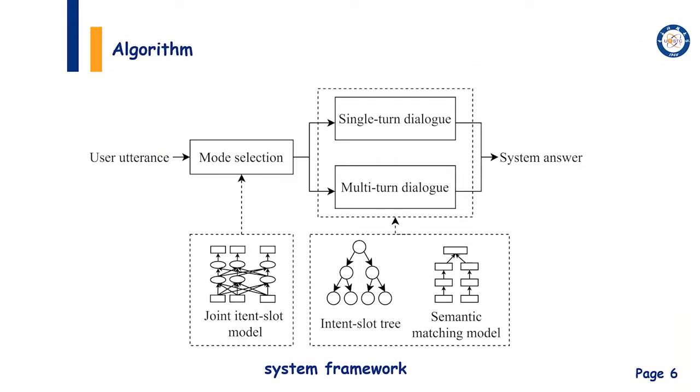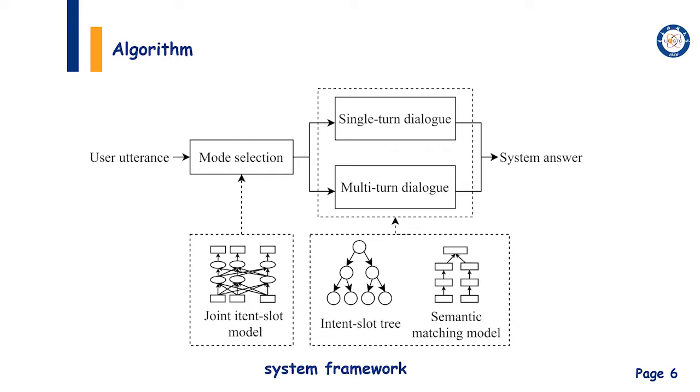The system framework is shown in the picture. The proposed dialogue system consists of 3 principal components: mode selection, single-turn dialogue, and multi-turn dialogue. Mode selection is based on a joint intent slot model.